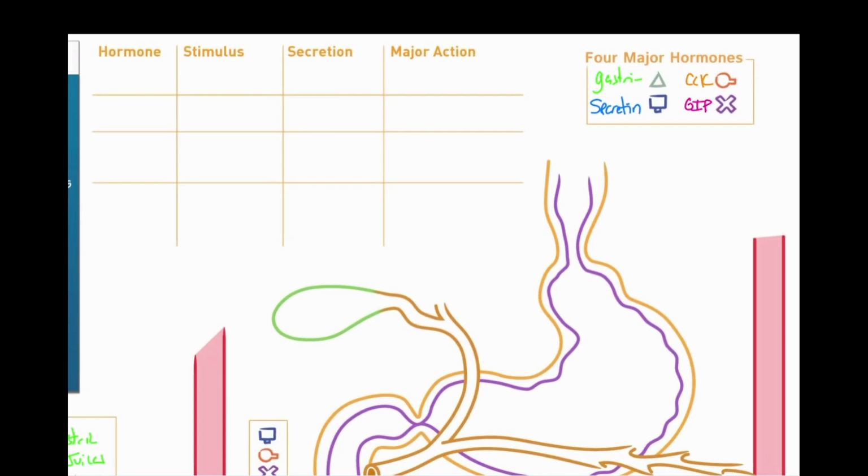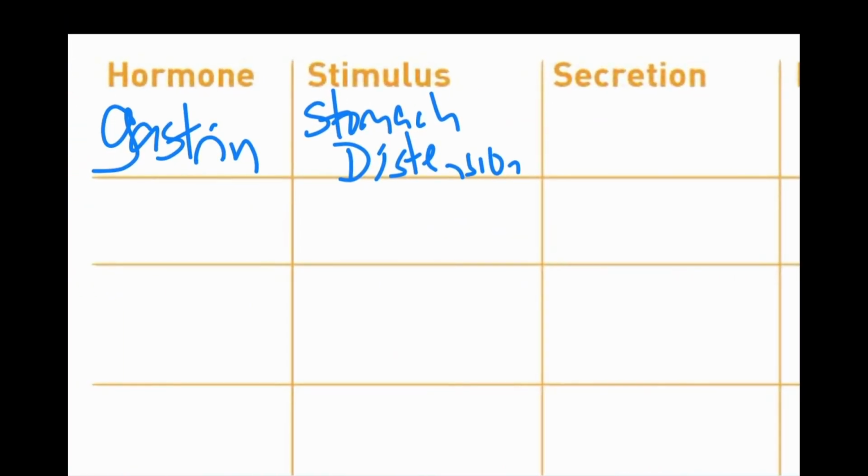So, the first hormone is gastrin. The stimulus for gastrin is stomach distension. So you eat food, your stomach is going to expand, because when you're in a fasted state, your stomach shrinks, and when you start eating, it starts to expand again. When it expands, gastrin is secreted.